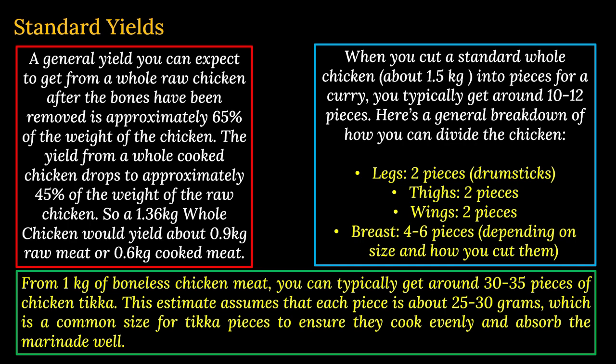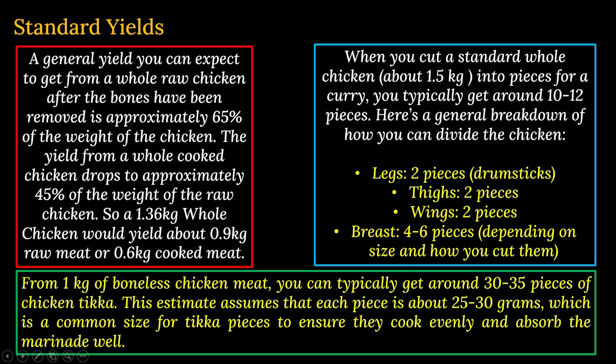If you get 1.5 kg of whole chicken and you go for a curry cut with bone, how many pieces will come out? 10 to 12 pieces. How do 10 to 12 pieces come out? That calculation also we have given here. From the legs or drumstick, 2 pieces. From the thighs, we get 2 pieces. From the wings, we are getting 2 pieces.